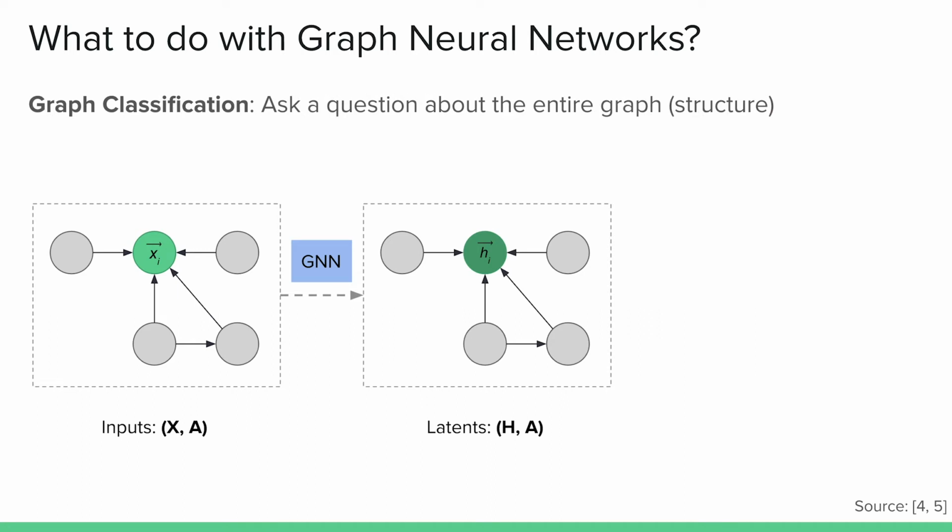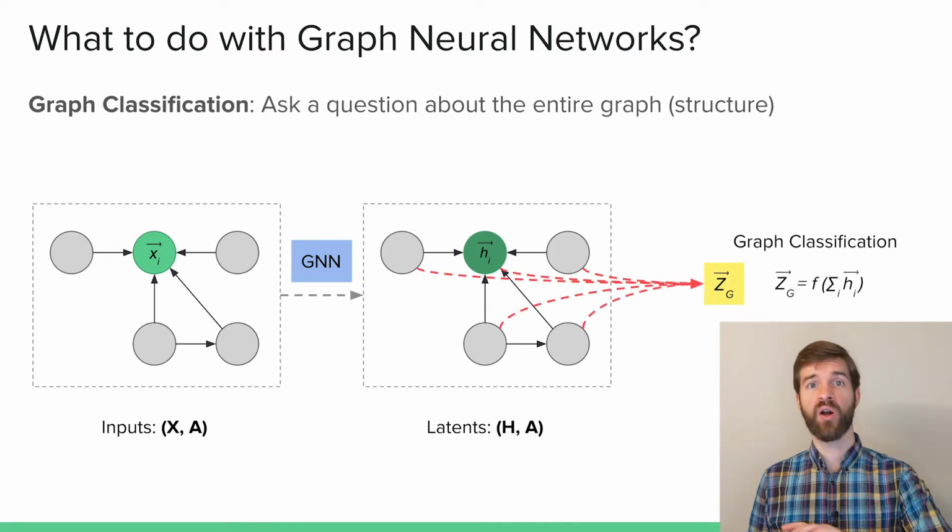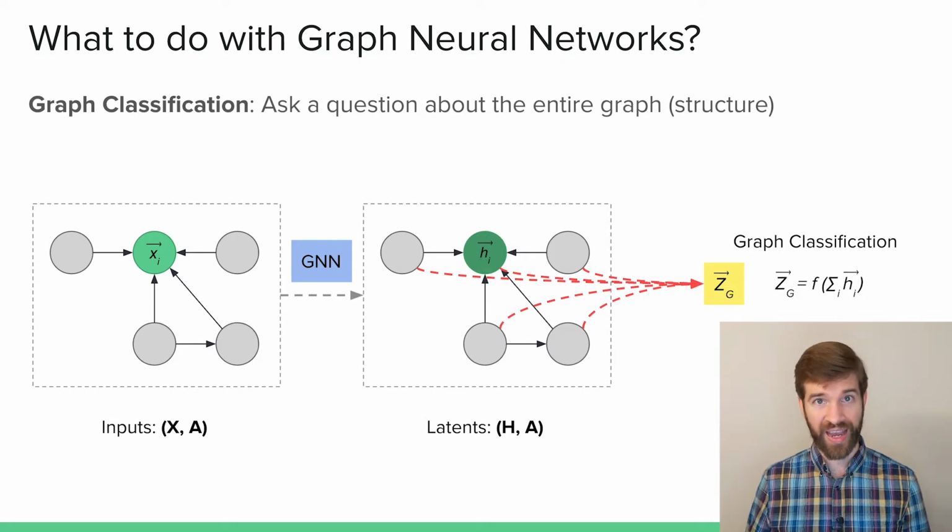Another thing that we could do with this learned representation would be that we could try to answer questions about the entire graph structure. This would be called graph classification. So we take all nodes and everything we've learned into consideration and try to aggregate this into one statement or one answer that we're trying to get about the entire graph.